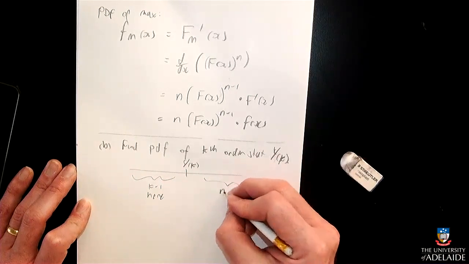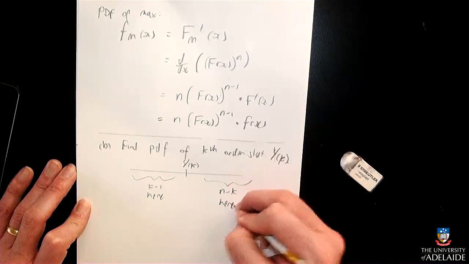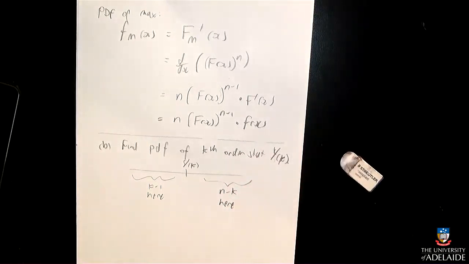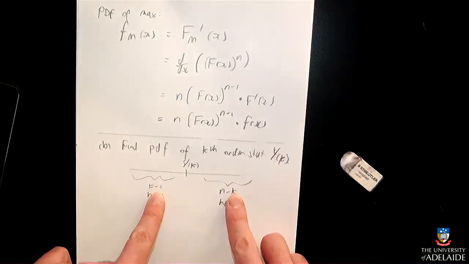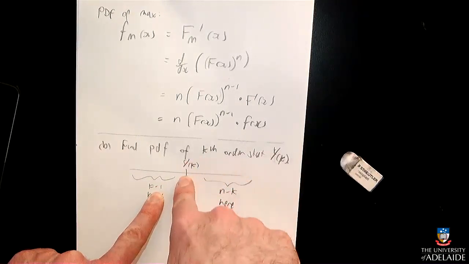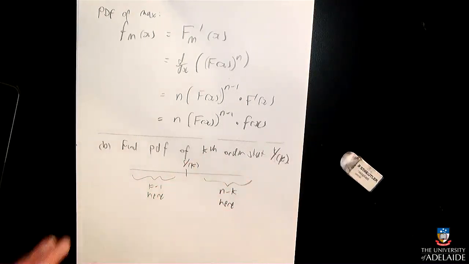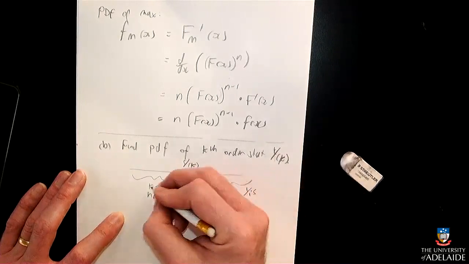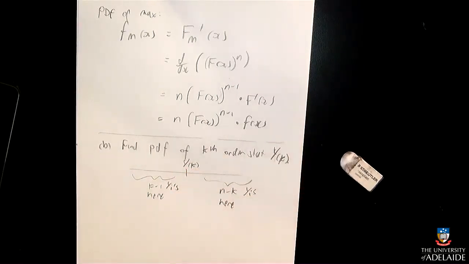So n minus k here, to add up to n total. N minus k plus k minus 1 is n minus 1, and then 1 extra to add up to the full n y's. And I don't actually know which of the yi's is Y bracket k. It's one of them, but I don't know which one. It could be y1, it could be y7. The dice can tell which die is which, even if I can't. So, but that might not be important.